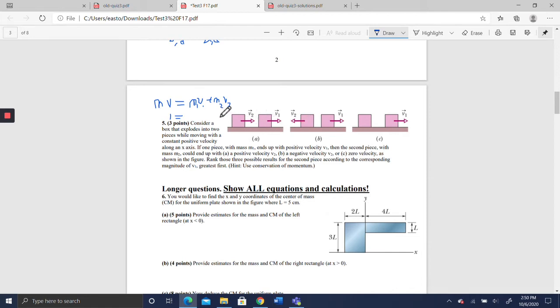So in this first one, they're both positive. Let's say that V2 is 0.5 here. That means this one's going to be 1 times 0.5, and V1 will also have to be 0.5 in order to satisfy that.